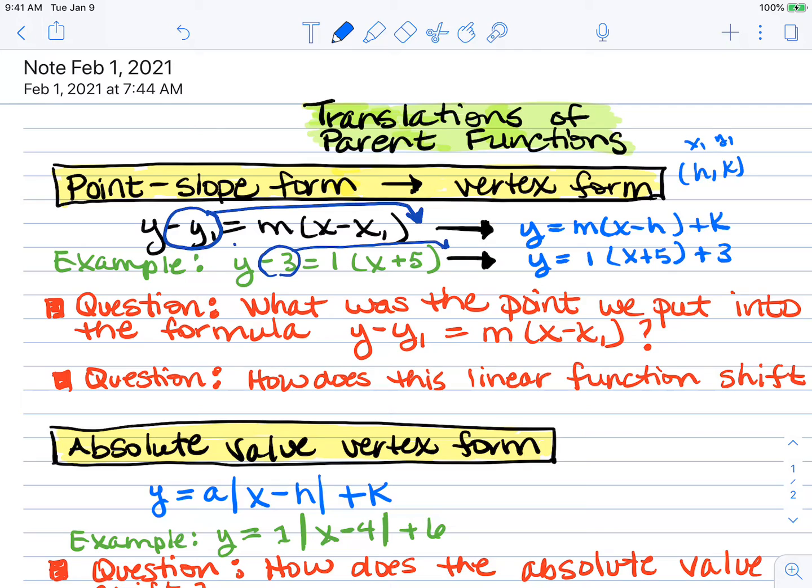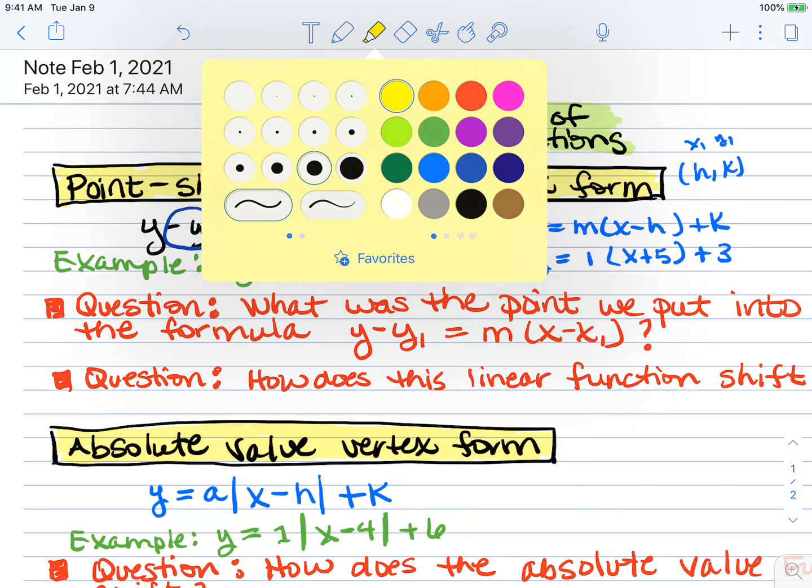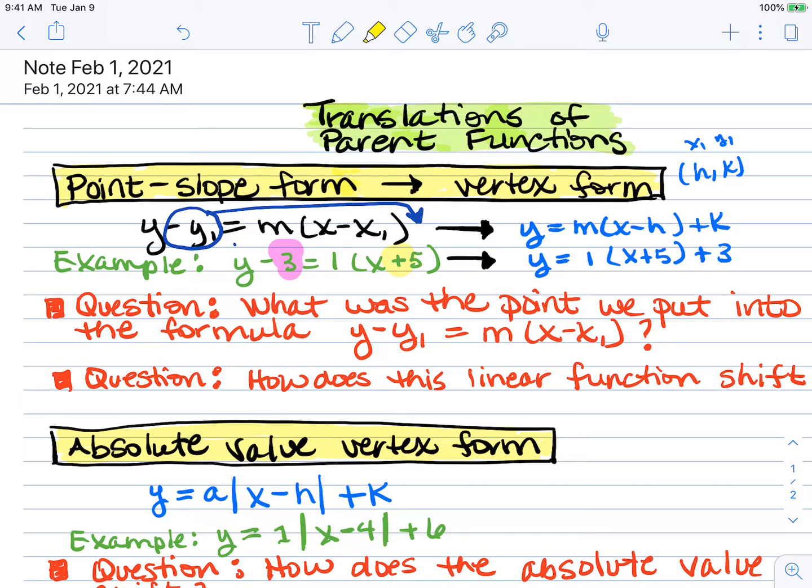Well, my formula would have had only this 3 right here, but in order to get this plus sign, I would have had to put in a -5, because I would have really had x minus -5 to get that plus sign. So that means I would have put in a y for my 3.